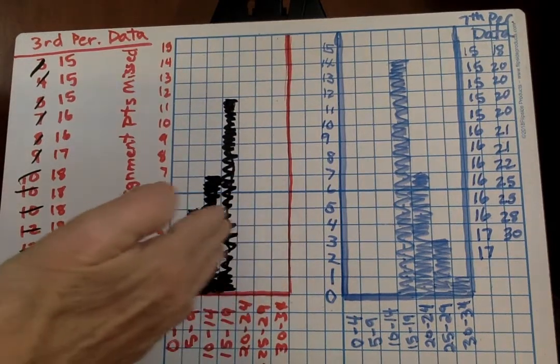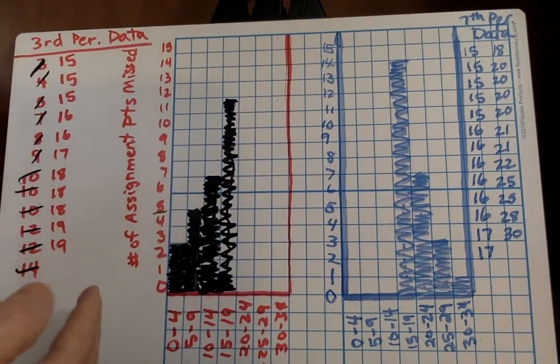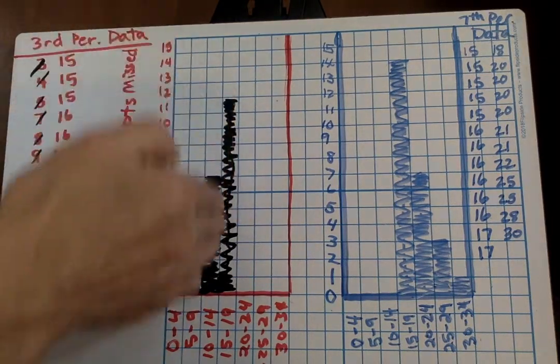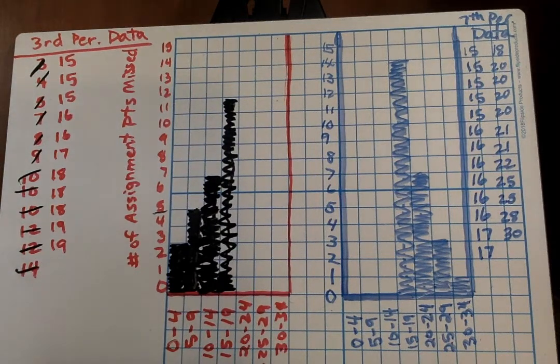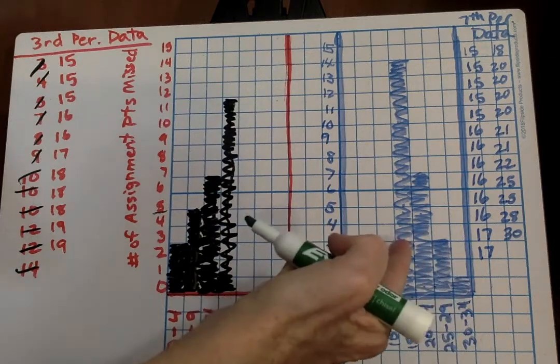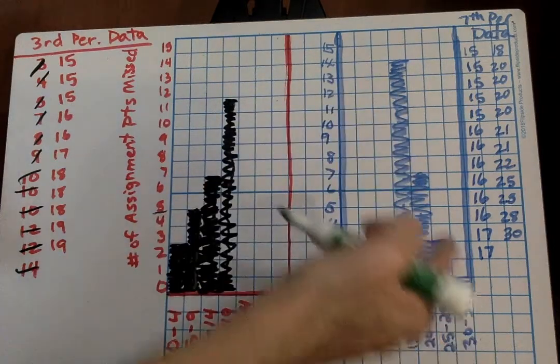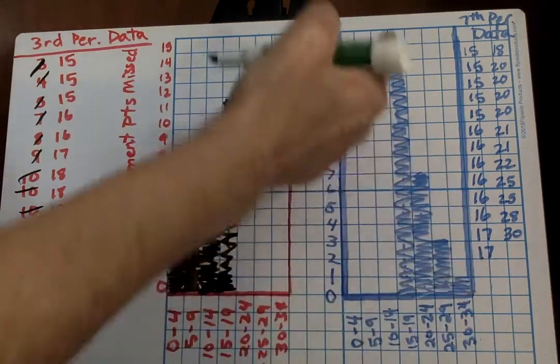Okay, most of the data is right here, so it's going to be skewed left. And over here, more of the data is on the left side, so it's skewed right.